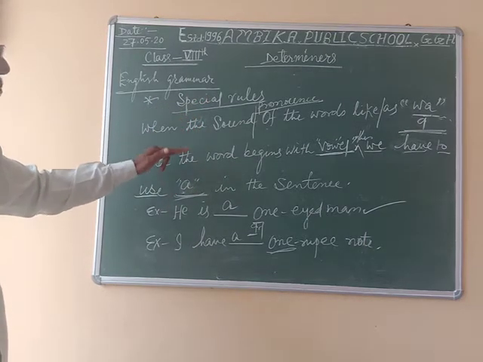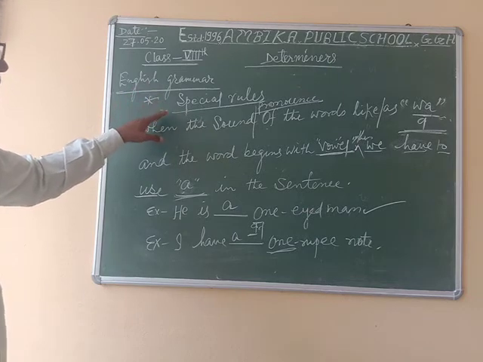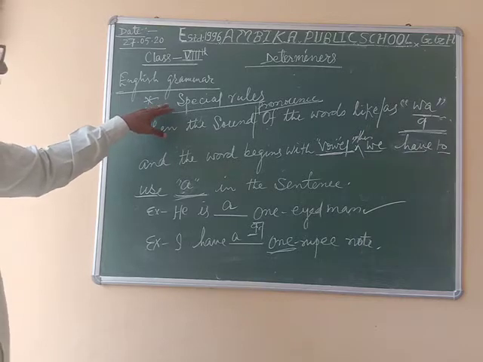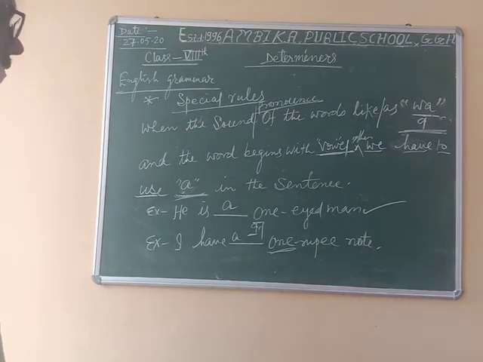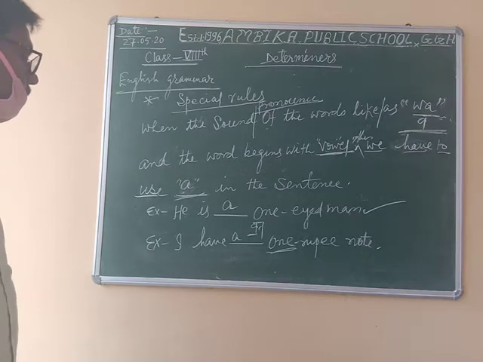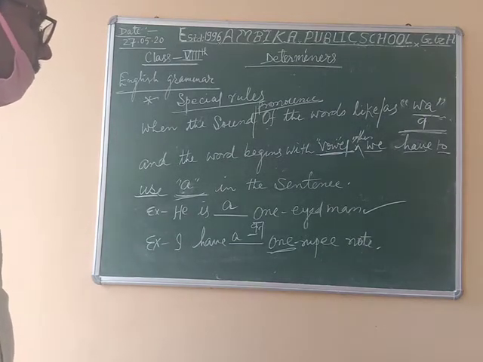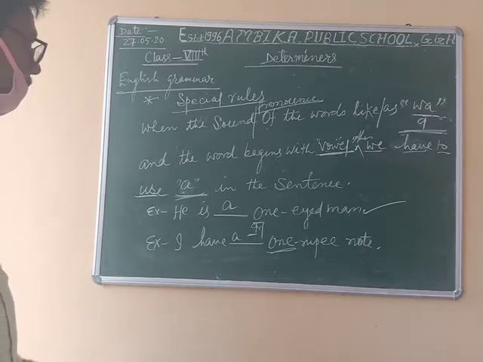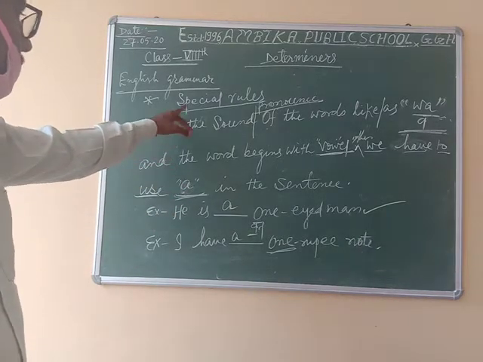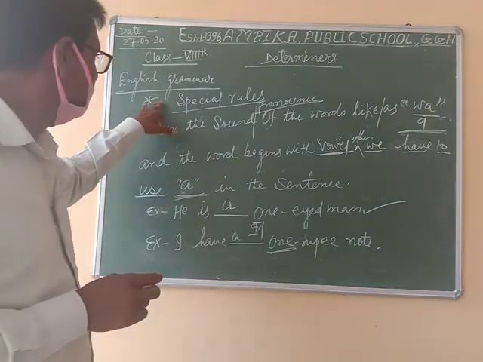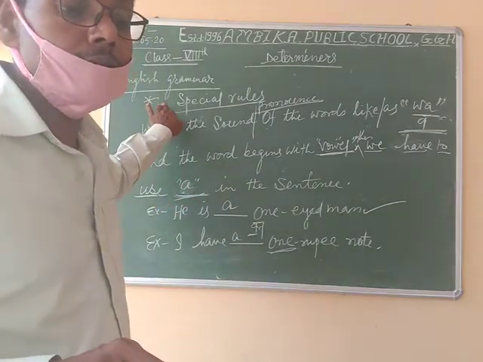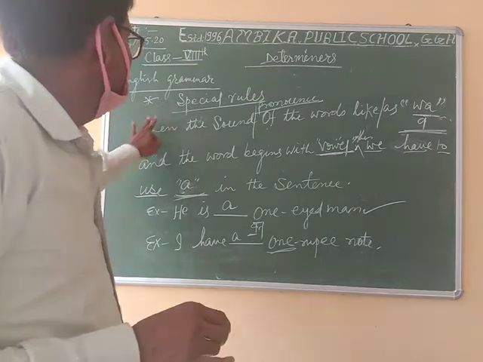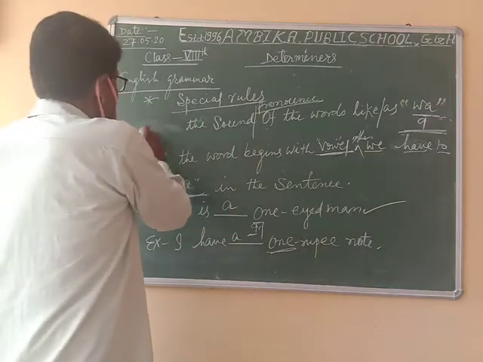Okay, and general rules before this I have taught you, and you will have to read that, and at present you have to focus on special rules of articles, and where you can use A and N, but in some special places, some special rules you have to think about. So number 1, special rules. Number 2, these are number 2. And number 3 will be number 3.